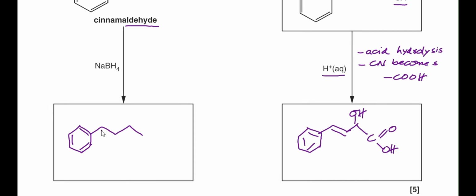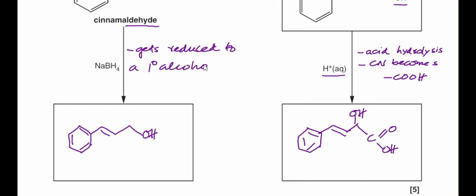So this double bond remains here. This aldehyde group has now converted into primary alcohol. So we can write here, as a note only for us, reduced to a primary alcohol.